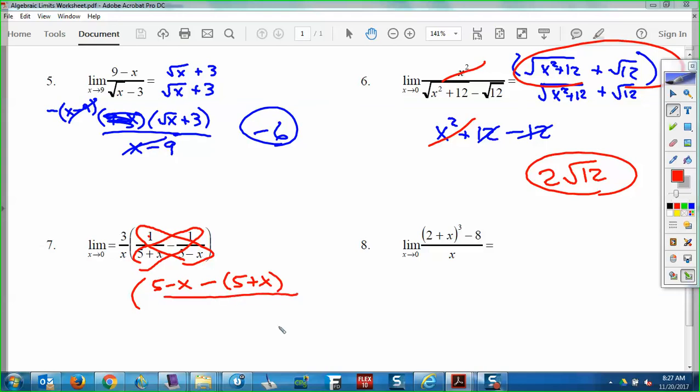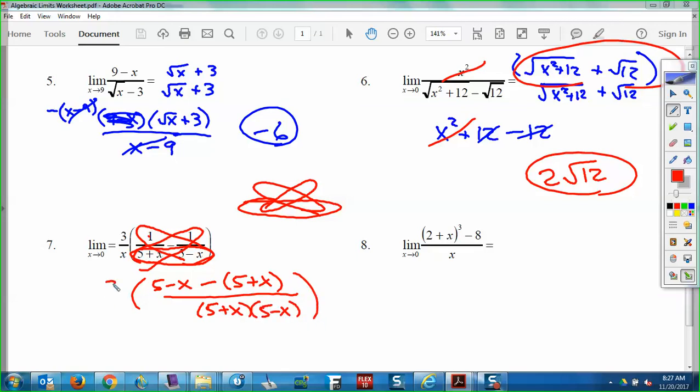And then that's all over what? The two bottom ones multiplied. There's your bow tie. Remember, your bow tie always goes here, then it goes here, and then it goes there. Right? That's your bow tie. That's the bottom. So that'd be 5 plus x, 5 minus x. Okay, so that's all that, and then this, of course, is just still hanging out.